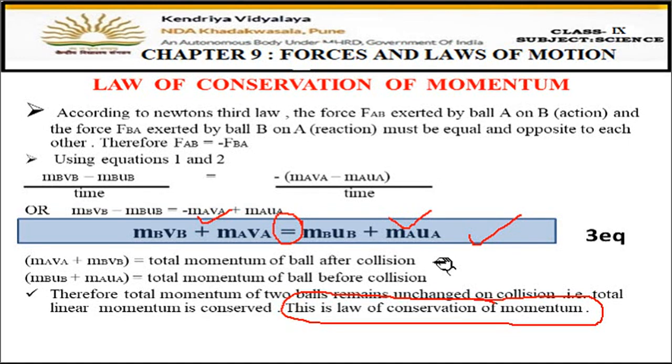So the change in momentum of the body per unit time is equal to the force applied on it. That's simple, you just put in the values of the two balls and equalize them. If you read it 2-3 times, you will come to know it more clearly. So this is the law of conservation of momentum.